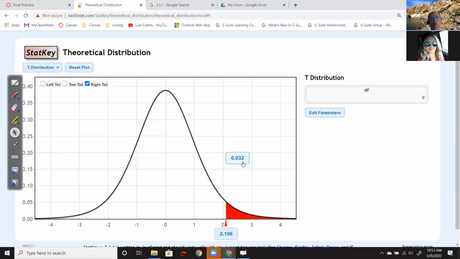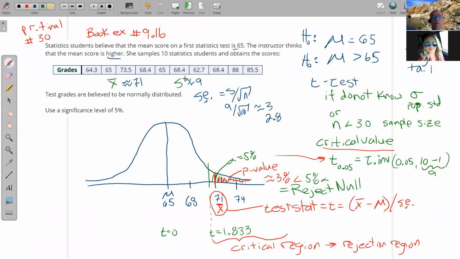We would have to go elsewhere, like a regular calculator or the spreadsheet, to find this particular t-score. And to find that t-score, we also need the mean, the sample standard deviation, and the sample size.